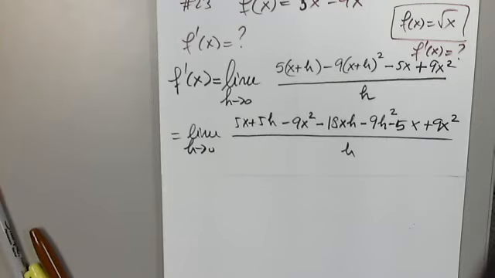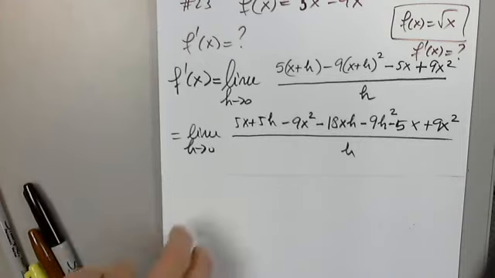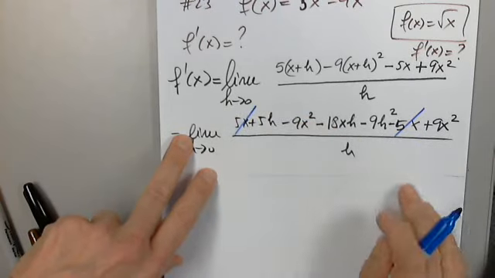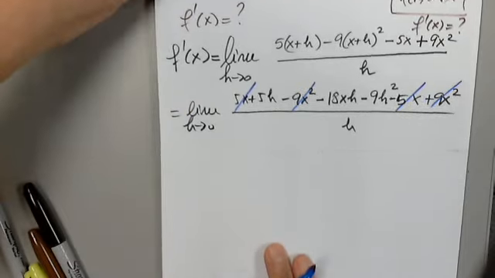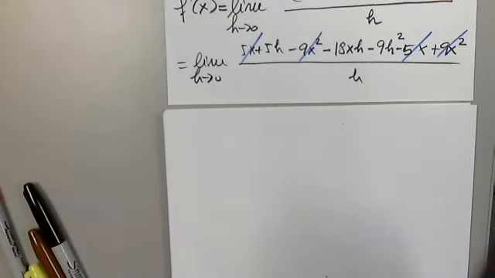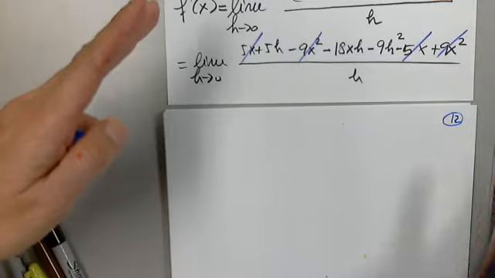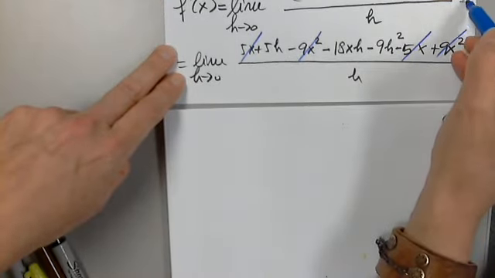And we distribute negative 9. All terms without h must go away, otherwise we know we have an error somewhere. These two go away. These two go away. And there is nothing else. Now I have to have an h coming out. I didn't say it, but of course it's 0 over 0.